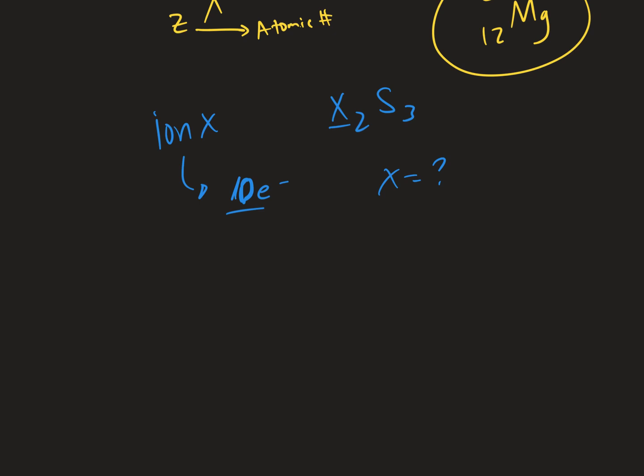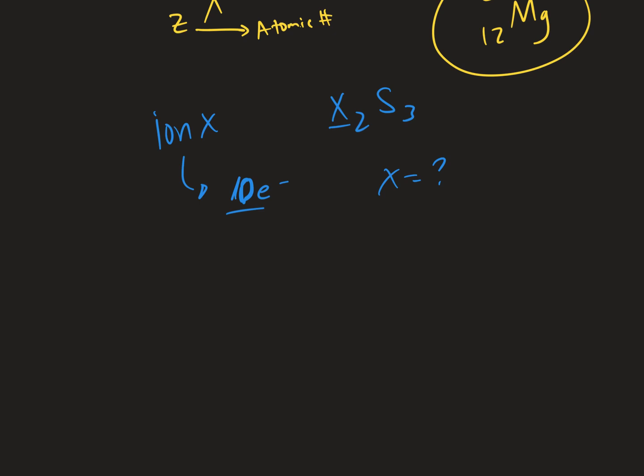What do cations do? To become a cation, an atom has to lose electrons, because it is positive. Loses because electrons are negative, right? Loses negatives, becomes positive. You with me?